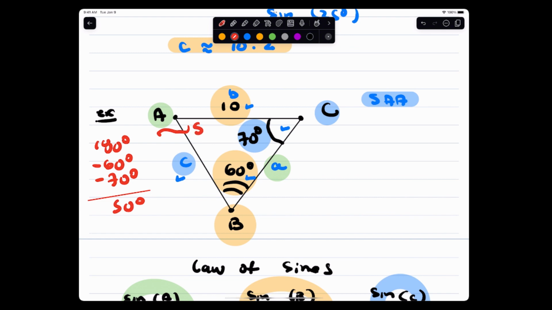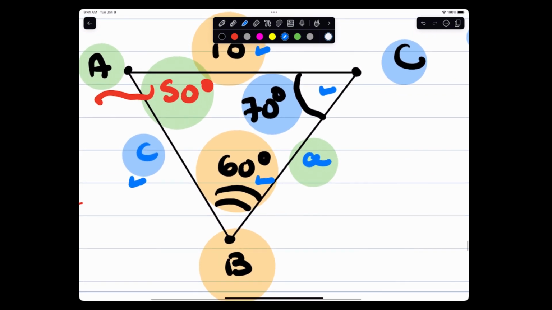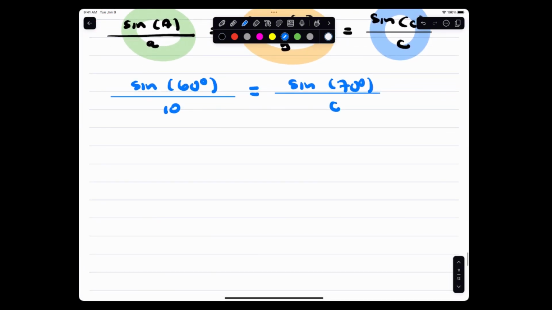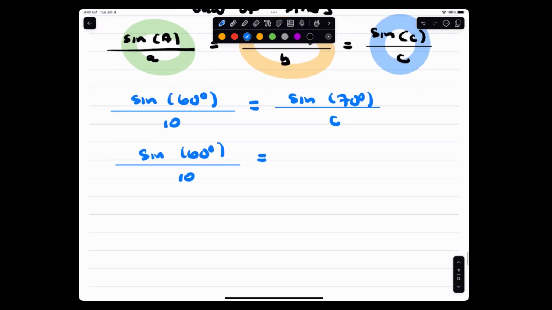Okay. So we also have good information here. Why is that good? Because in green, we have one known value, and that's going to be enough to find A. Because now we can say sine 60 over 10, that first ratio, will equal sine 50 over A.